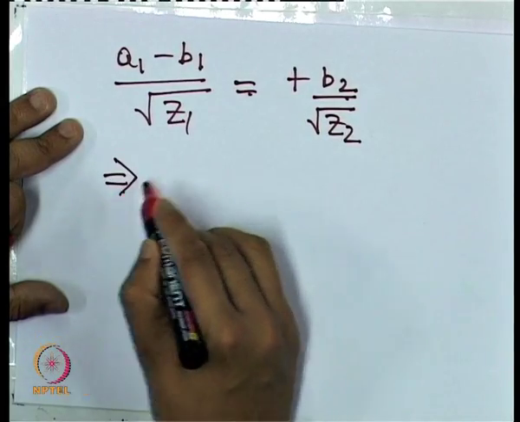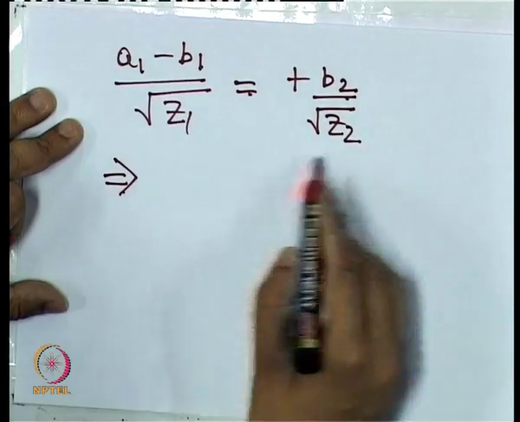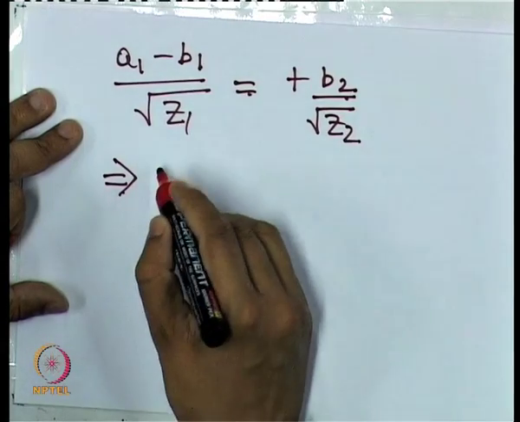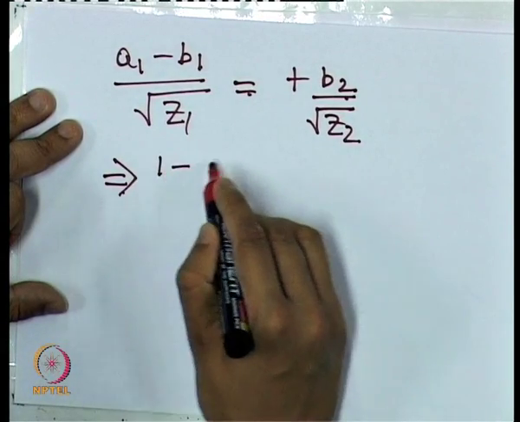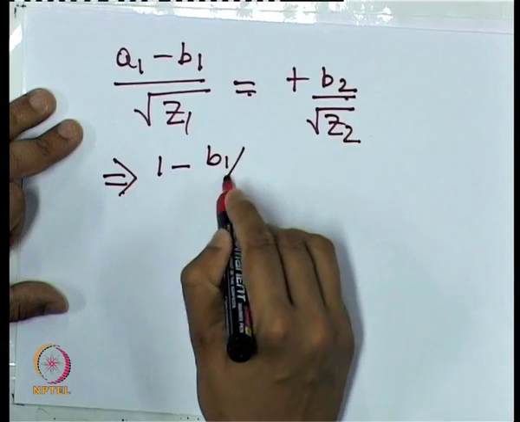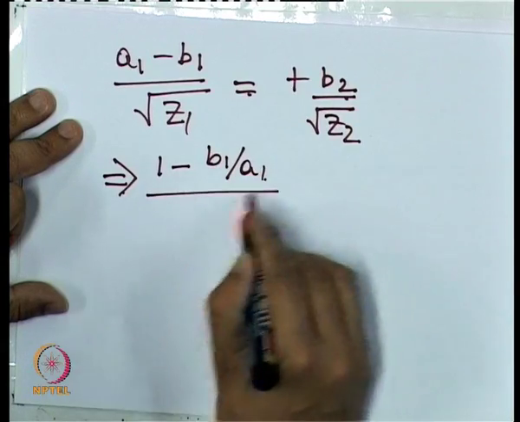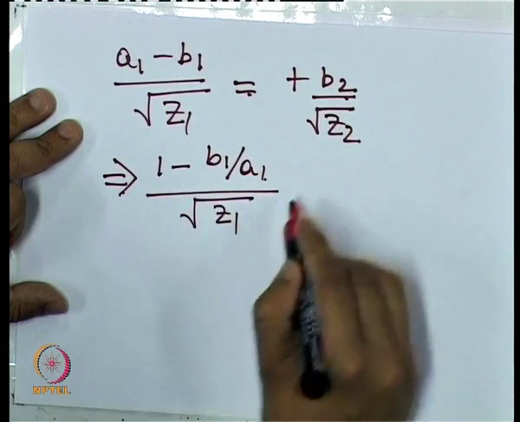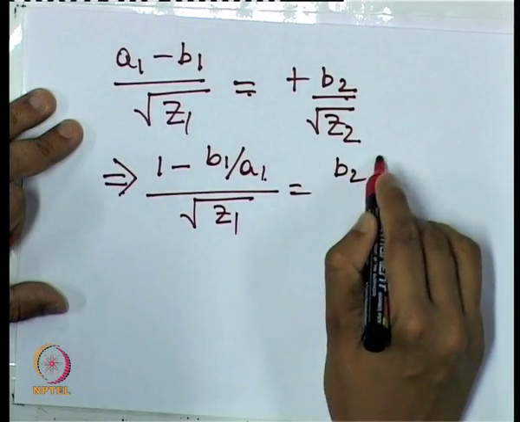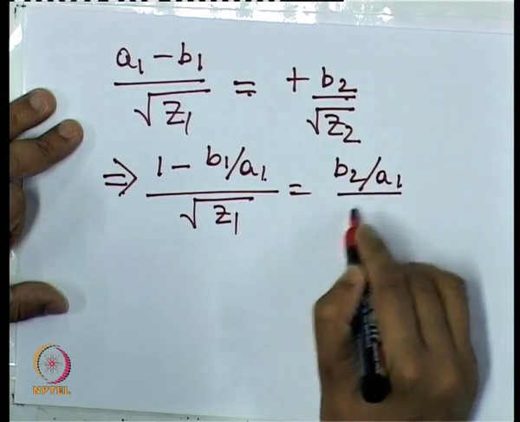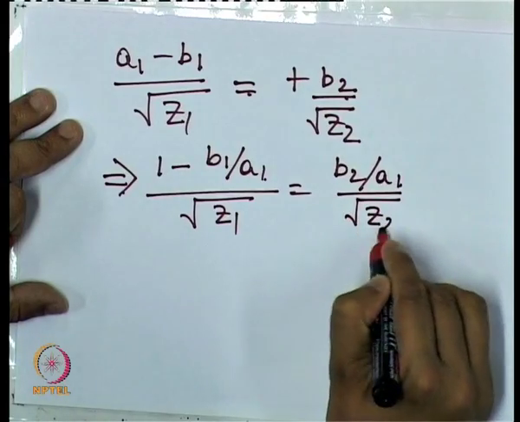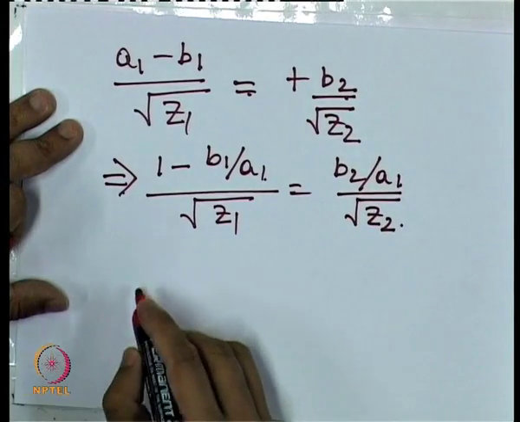If we divide both sides by A1, we get (1 minus B1 upon A1) upon square root of Z1 is equal to (B2 upon A1) upon square root of Z2.